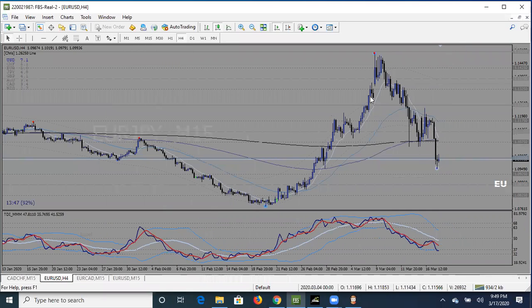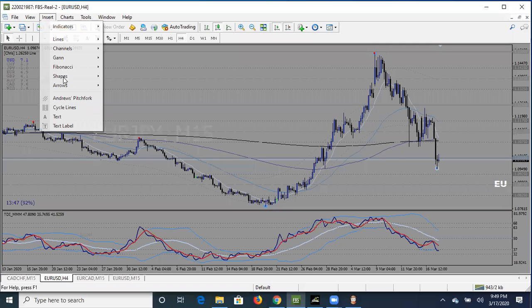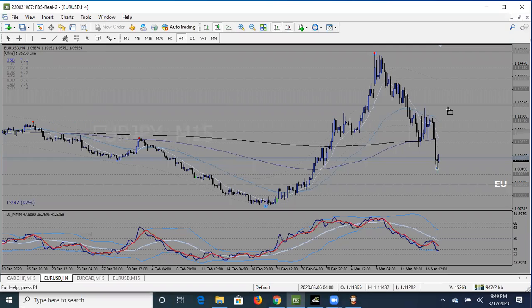So after the breaker, like we enumerated yesterday, we became sellers. We became sellers after price broke beneath this box.